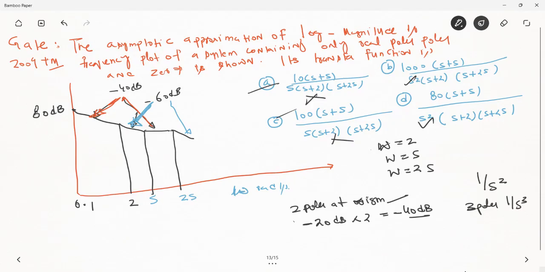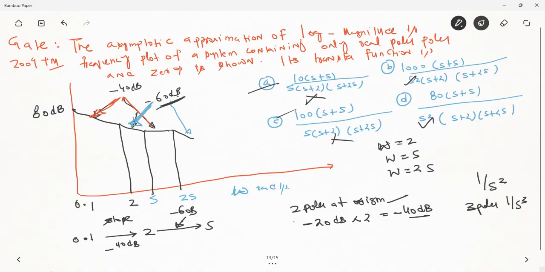Now, what is happening to the slope at the value 2? At the value 2, the slope is changing to minus 60 dB. So from point 1 to 2, the slope was minus 40 dB, and from 2 to 5, the slope is minus 60 dB.